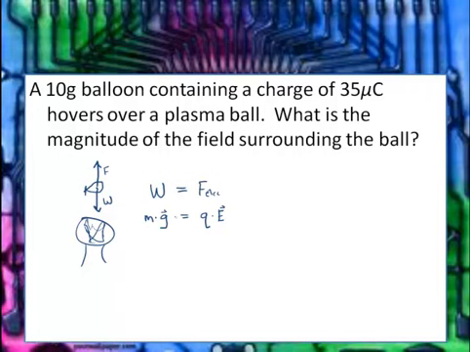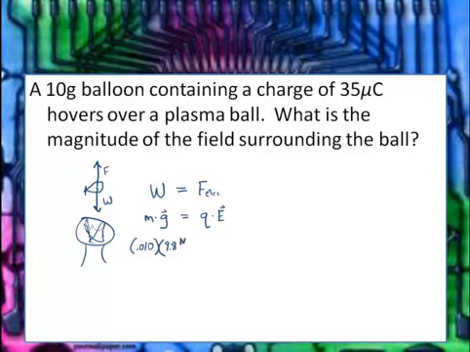But let's put in some numbers here. The mass of the balloon we said was 10 grams, which is the same thing as 0.010 kilograms. The strength of the gravitational field on Earth near its surface is 9.8. It's the only number we've ever thought about so far, because we don't usually do calculations on other planets, but you could.